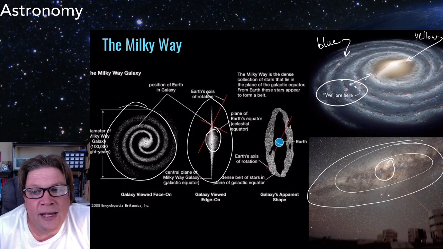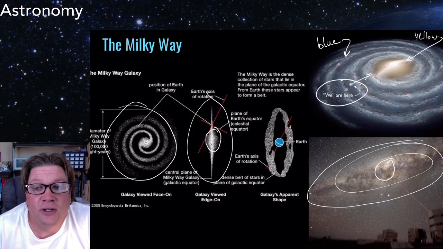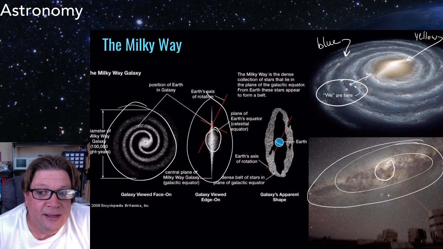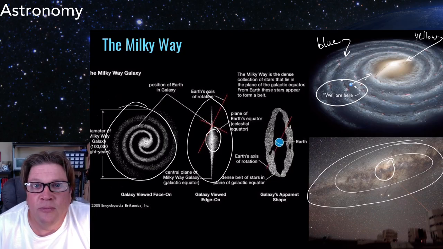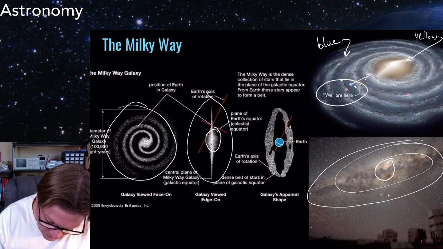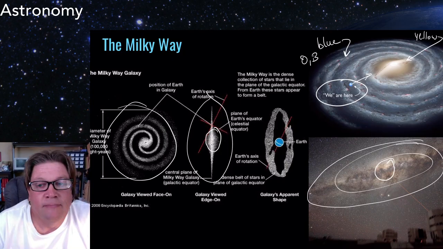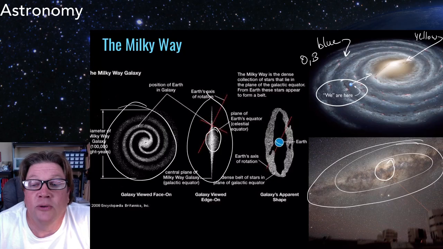Remember, these are giant collections of stars. Why might the disk appear blue? Well, what is the source of blue light? It would have to come from type O and B stars. Those are the only stars that glow with a bluish tint.